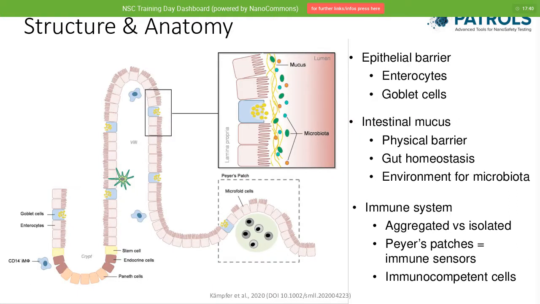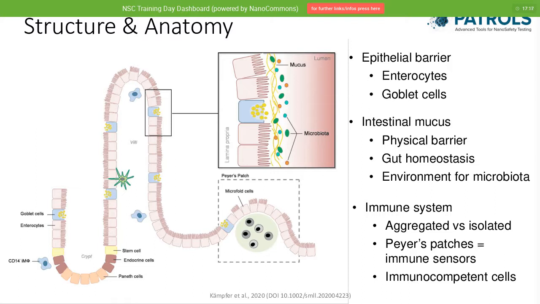A couple of words to the structure and the anatomy of the small intestine. So, as said before, it is kind of just a long tube of several meters in length, and it is lined with a monolayer of epithelial cells, which fold into crypts and villi, increasing the surface area of the whole organ.